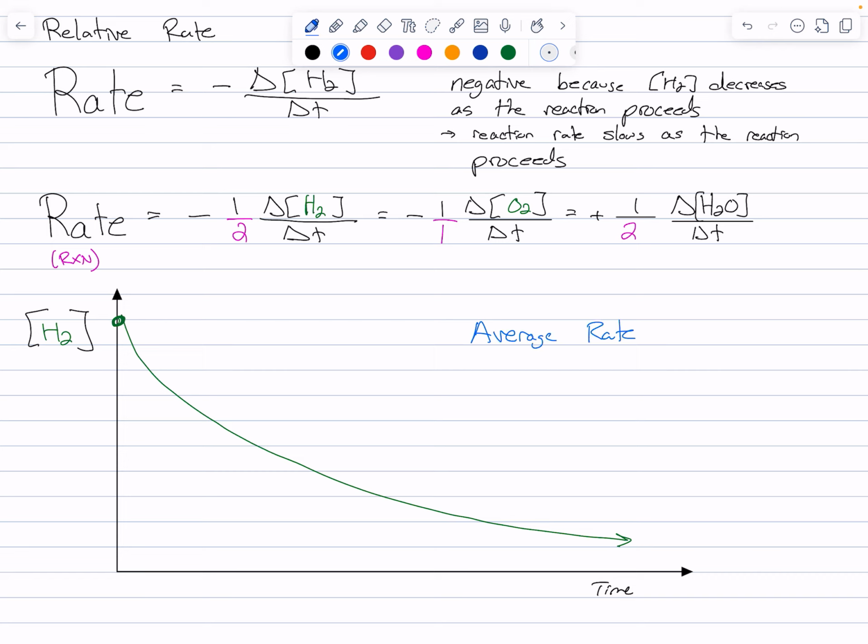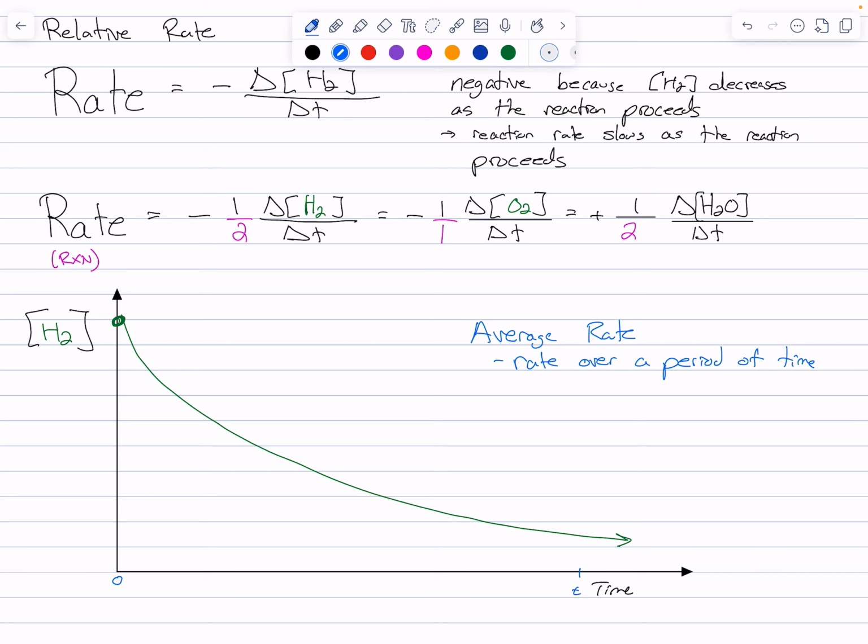This is just the rate over a period of time. It could be the whole thing, from time 0 all the way to whatever time t.